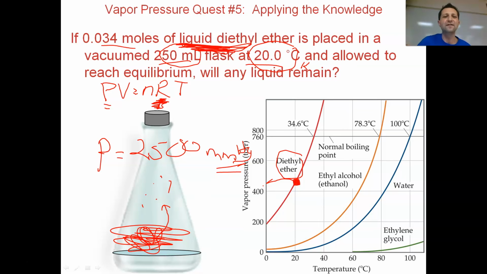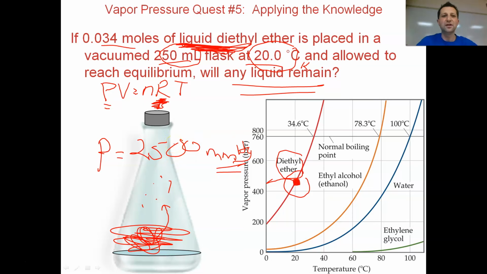If all of it evaporated, the pressure would be 2,500 torr, which is not the case. So some will evaporate until the pressure reaches 450 torr, and we're saturated. Will any liquid remain? Yes, all the rest of it. Some evaporates to give you 450 torr, and the rest stays in the liquid state, so we cannot reach the higher pressure.